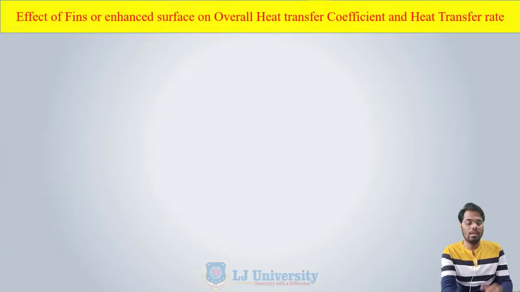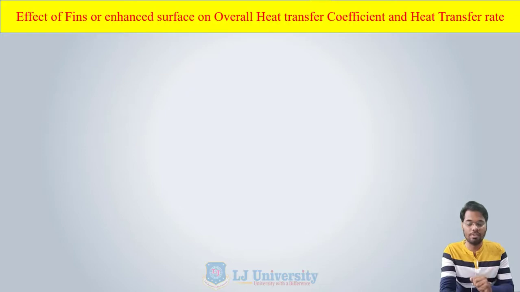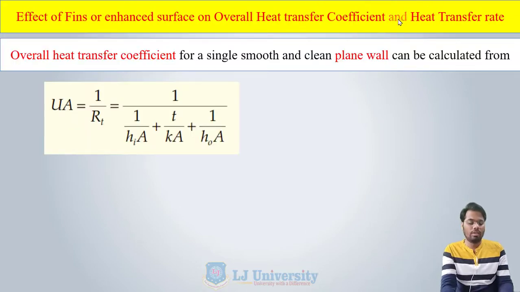Now let's discuss the effect of a fin, or enhanced surface, on the overall heat transfer coefficient and the heat transfer rate. So we know that for the plane wall, the equation of UA, or the total thermal resistance, starts with 1 upon hiA. This is the convective resistance.